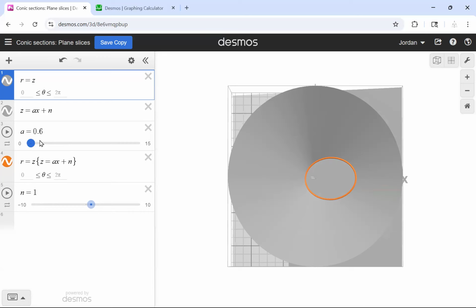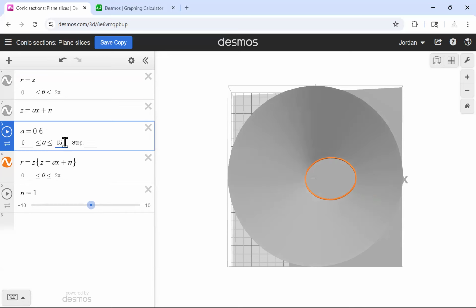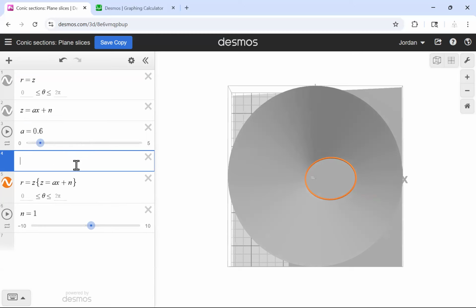So as A grows, it starts out as a circle, and then as the slope grows, it stretches that ellipse out more and more.